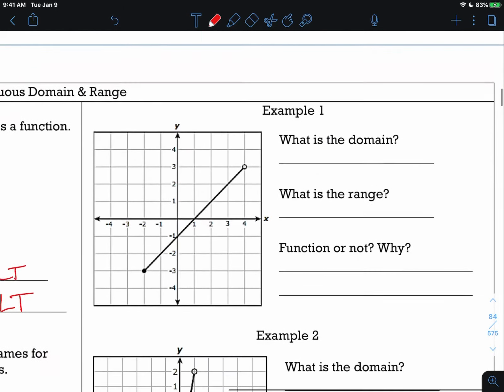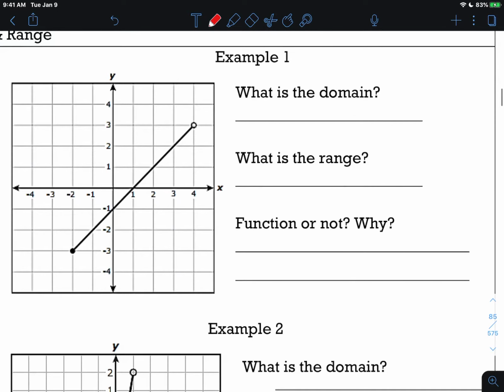So let's go ahead and try this with an example. There are lots of different ways to do this. I never really got a very good explanation for it while I was in school, but the best system that I've come up with is just going one by one. First thing I ask myself is, is this discrete or continuous? Well, I notice that all these points are interconnected here, so I'll say this is continuous.